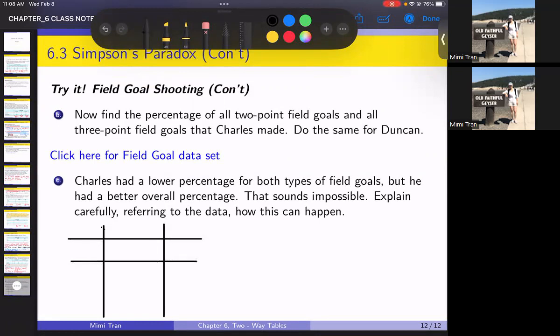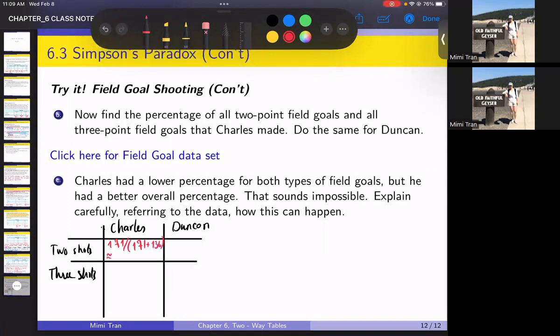So I have Char and I have Duncan. Two-shot and then three-shot. What I did was take 171 divided by 171 plus 136. Was it 136? Yeah, 136.